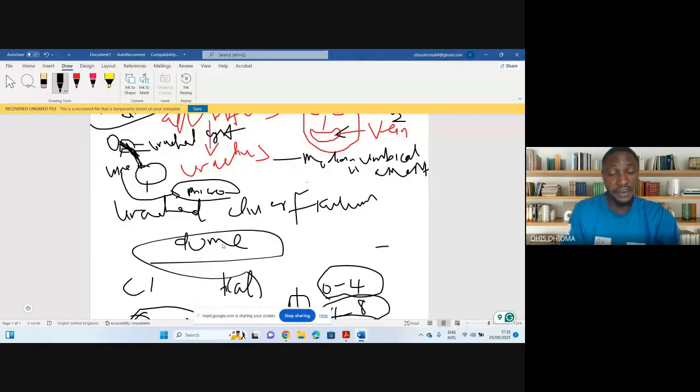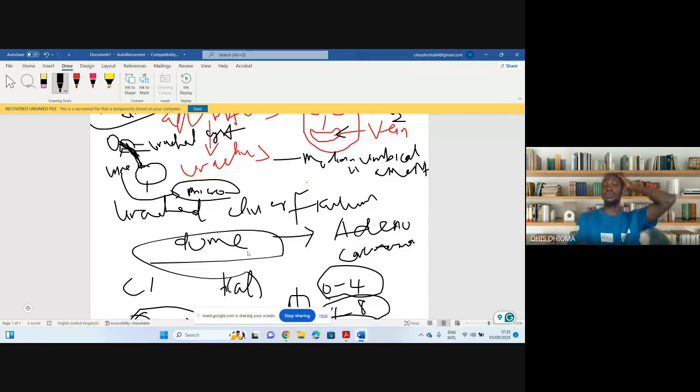Now it's very rare, it's not commonly tested in the exam, but there is a cancer that can arise due to this situation, and it's an adenocarcinoma. So adenocarcinoma of the dome of the bladder can arise from a patient who has a urachal diverticulum. So I just want you guys to put that at the back of your mind.